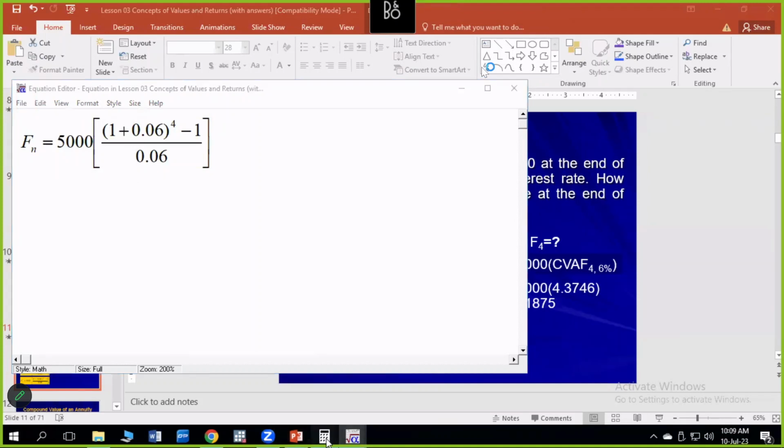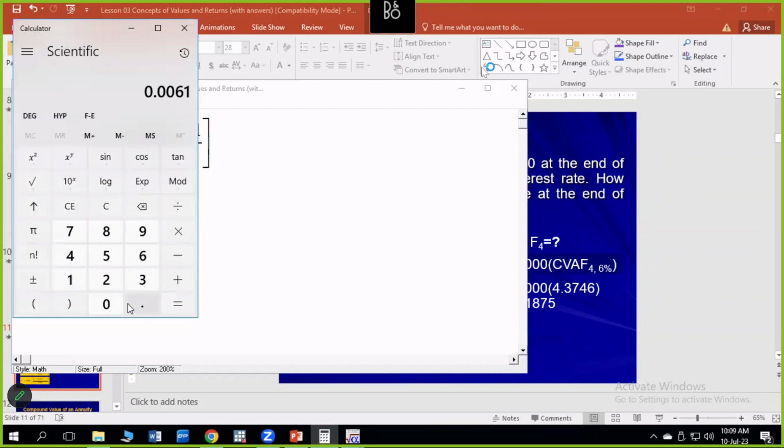So you want to take 1.06 to the power 4.